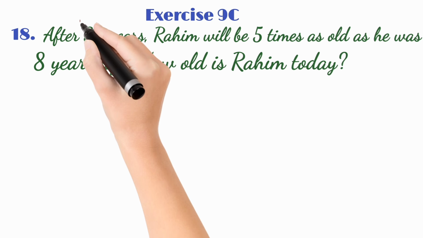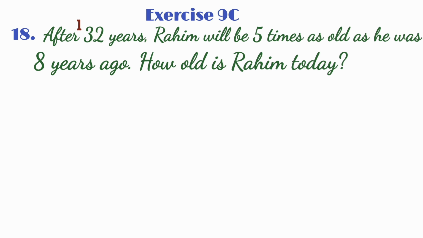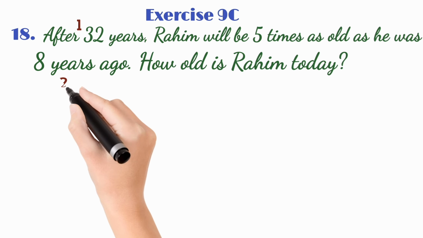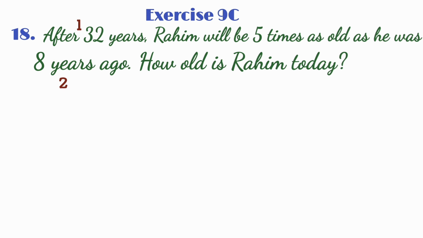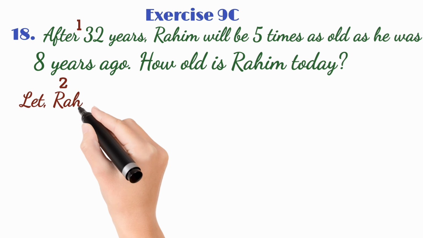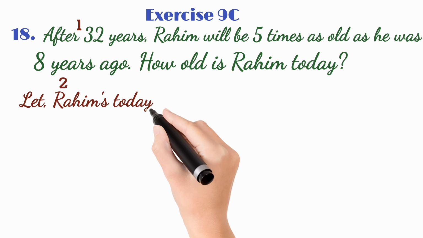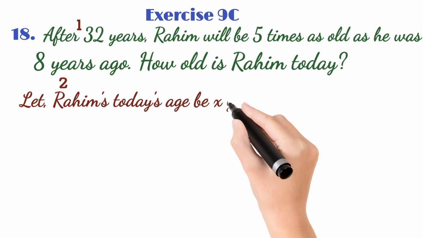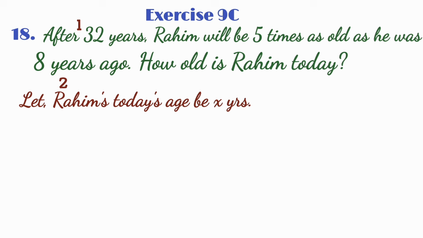So first here two statements we have to convert into mathematical form. Number 1, after 32 years what will be Rahim's age, and 8 years ago what was Rahim's age. So first let us assume Rahim's today's age. Let Rahim's today's age be x years.